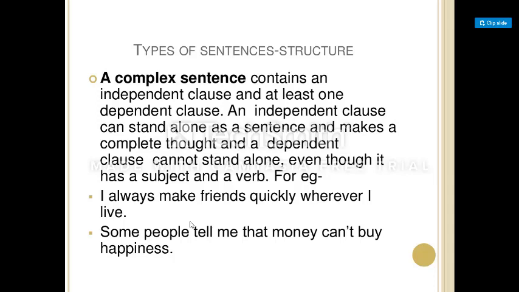A complex sentence is joined by subordinate conjunctions like because, although, after, before, even if, even though, once, rather than, since, so that, than, that, where, while.